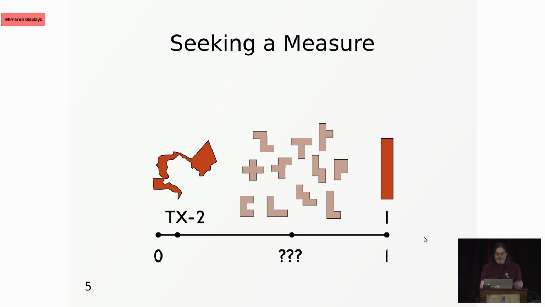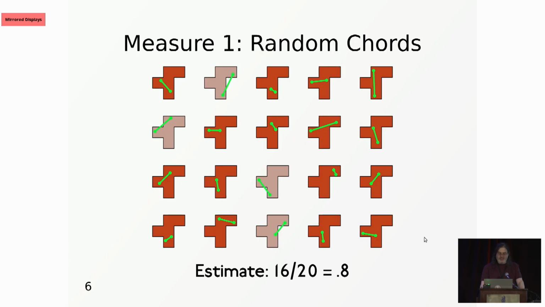so what sort of measures would we have? Well, one thing we can do is just randomly pick a whole bunch of pairs of points and draw segments between them, and just do that for a very long time until we have an estimate of how convex this thing is. So I've done that with the F pentomino here with completely fake data, and gotten an estimate of 0.8 there.